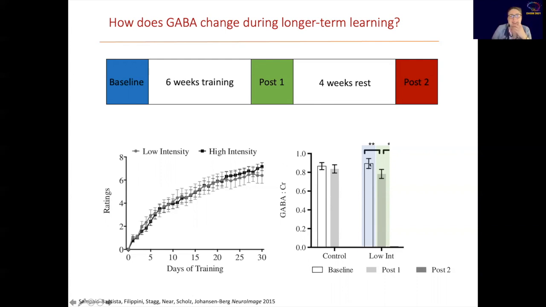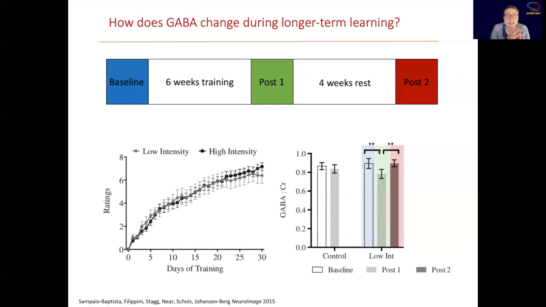Whereas subjects who did the low intensity training had a GABA that decreased over 6 weeks of training, and then increased again as they had a rest, and had some sort of synaptic stabilization, maybe, intrinsic skill. So we see this decrease in GABA as they learn.